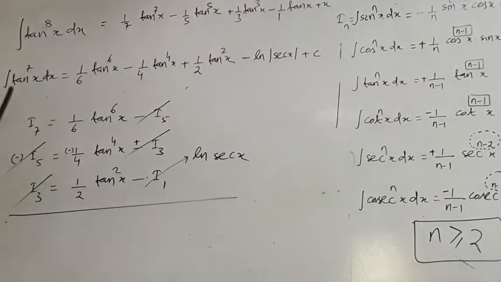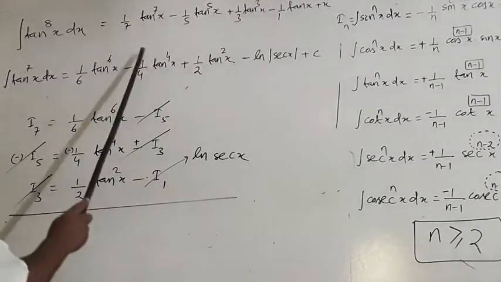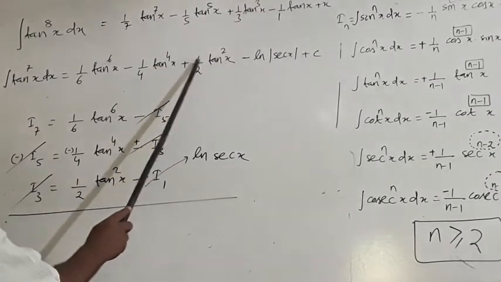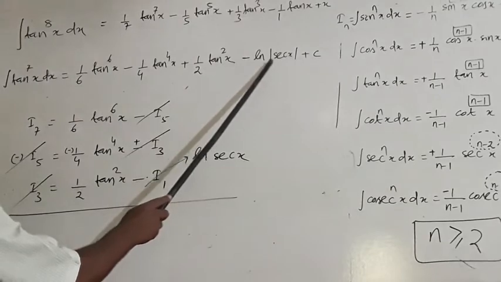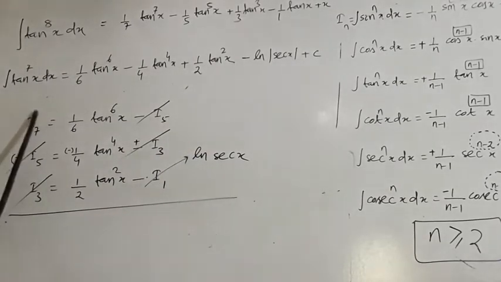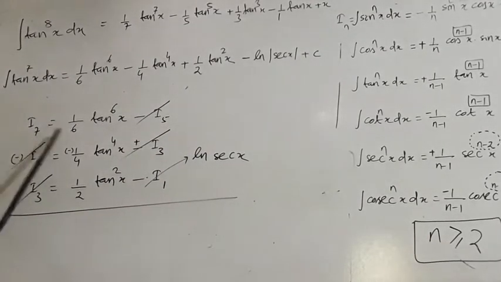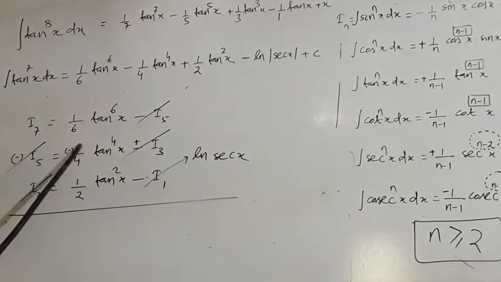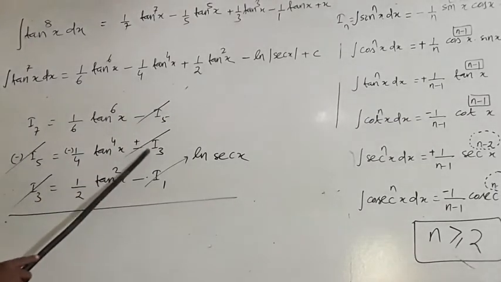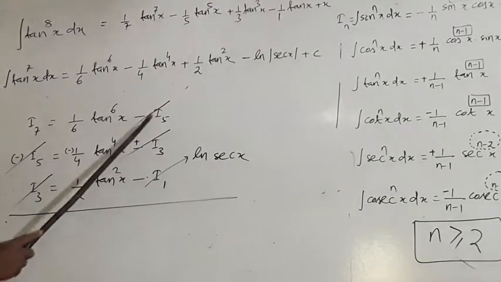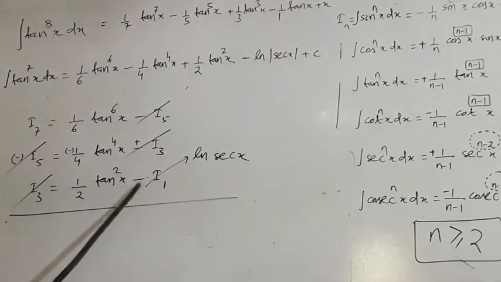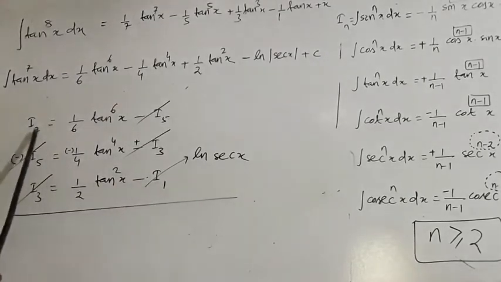Now you can see tan power 7, direct answer: 1 by 6 tan power 6 minus 1 by 4 tan power 4 plus 1 by 2 tan square, minus ln sec x. How? Remember, I7 is 1 by 6 tan 6 minus I5. What is I5? It is 1 by 4 tan 4 minus I3, and I3 is 1 by 2 tan square minus I1, because 2 will reduce.